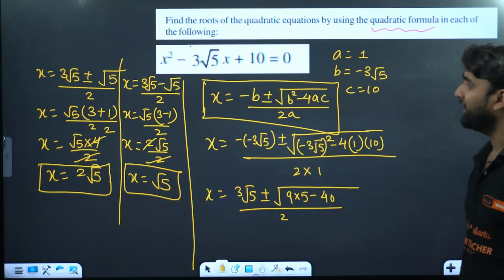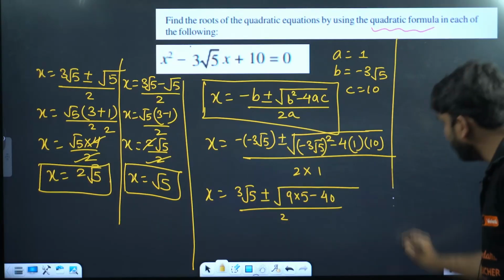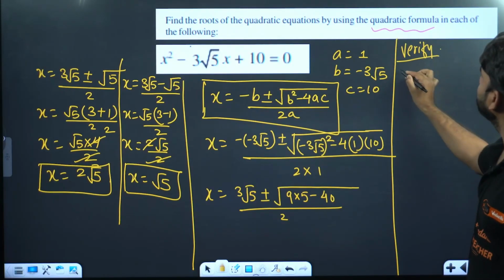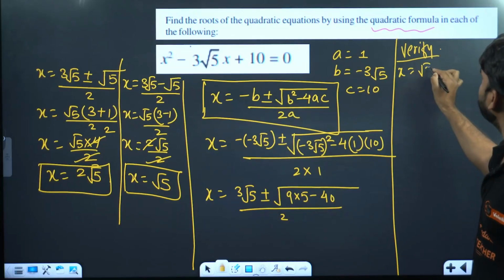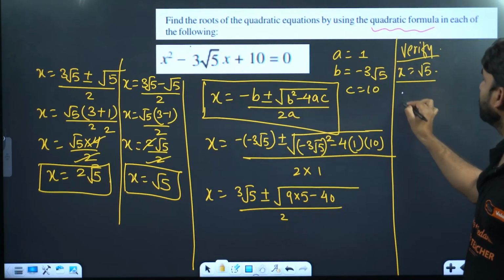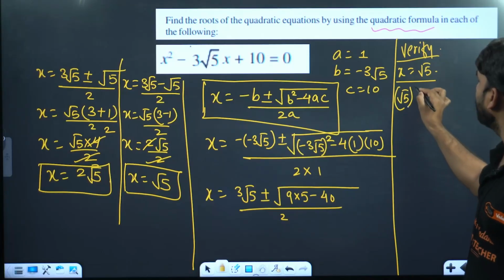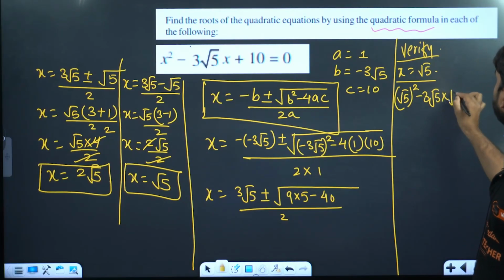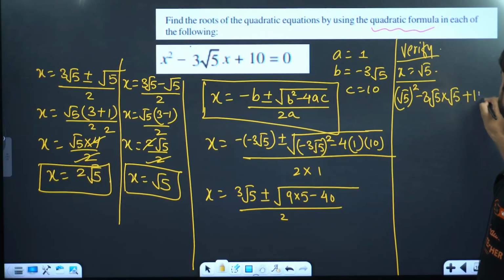We can verify. If you don't trust, just verify. So first put x equals root 5 in this equation. At the place of x, root 5 will go: minus 3 into root 5 into x, again root 5, plus 10. Solve this.